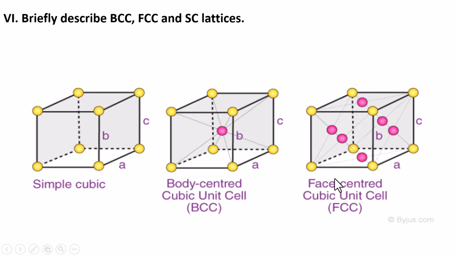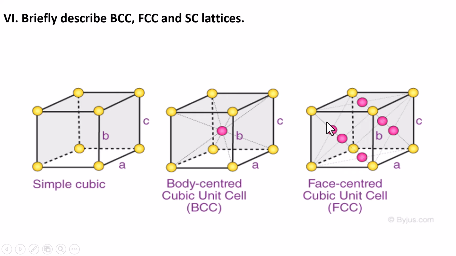In the case of the face-centered cubic unit cell, you can see again 8 corner atoms, 4 at the top and 4 at the bottom. And there are 6 faces for the cube, and at each face center you can see an atom, 1, 2, 3, 4, 5, 6 atoms. That means in the simple cubic, the net number of atoms is only 1. In body-centered, the net number is 2.